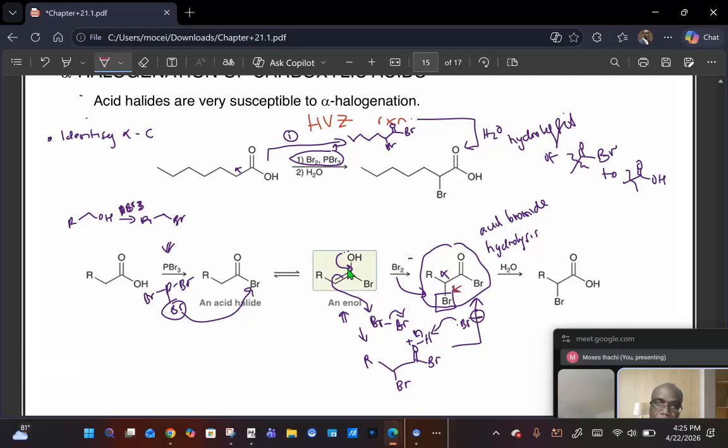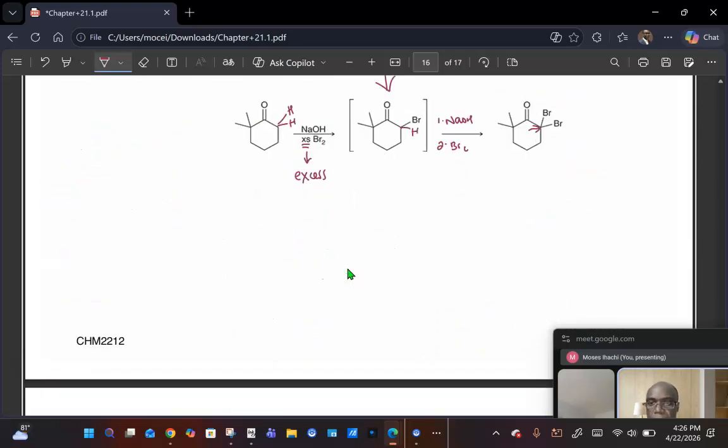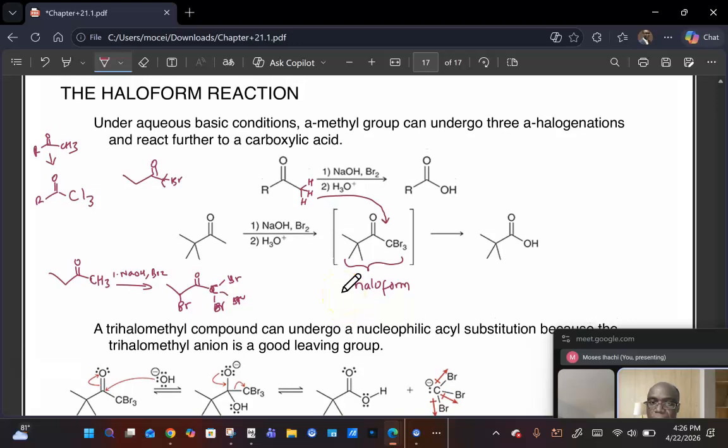That is why this alpha carbon here has no hydrogens. Therefore, no bromine is gonna go there. It's the alpha carbon, but it's not reactive. In which case, if you do OH minus again, then you're going to get this molecule. But we don't want that.